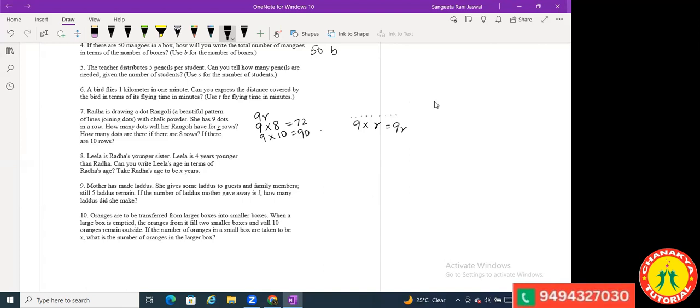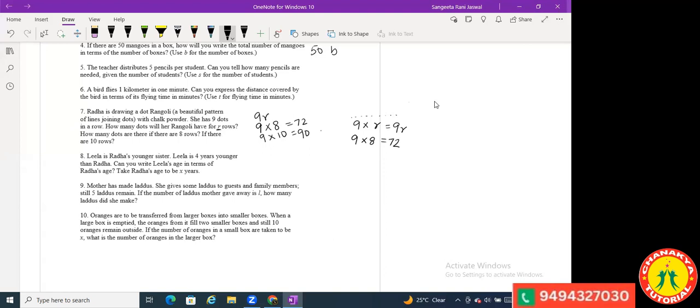Now the question is asking, how many dots are there if there are 8 rows? In every row we know there are 9 dots. But if the rows are 8, in place of R we will write 8. That is 9 into 8, which gives 72 dots.